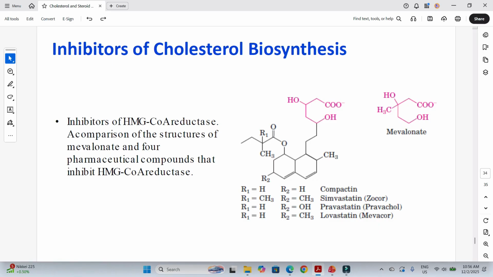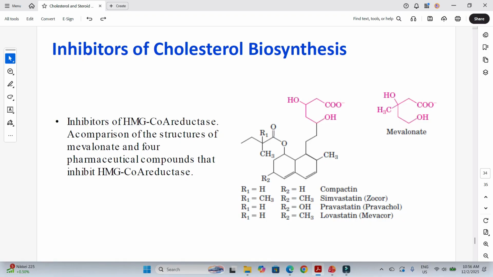Now, as I've mentioned earlier, one of the things that cholesterol is very known about, and notoriously at that, is its association or correlation with cardiovascular diseases.